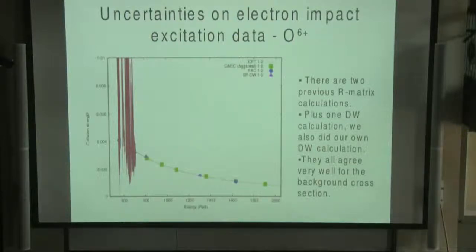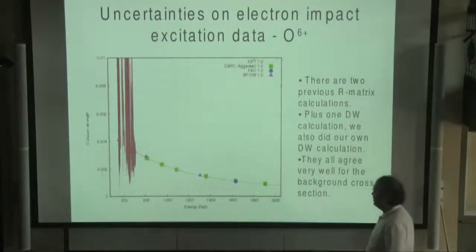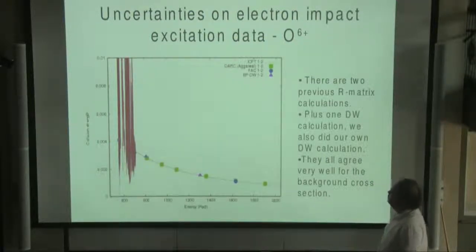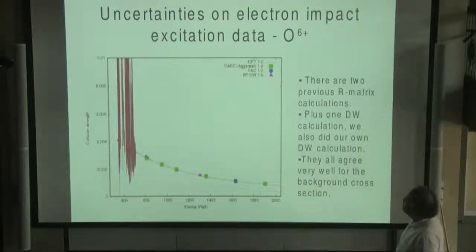If we go to the literature, I did a quick scan for excitation of oxygen 6+, and there are several calculations. The red line is one done by the Auburn group, using the intermediate coupling frame transformation, so it gives you level-resolved excitation.